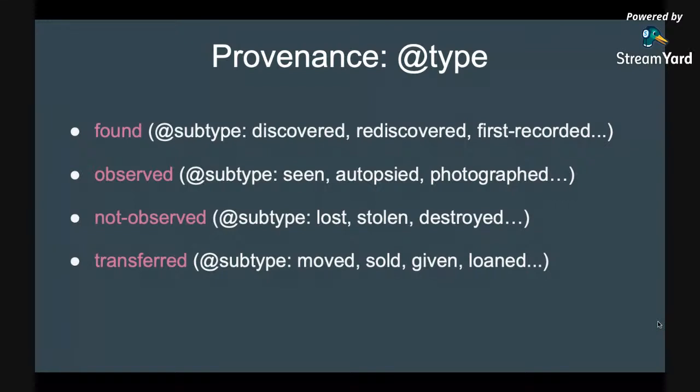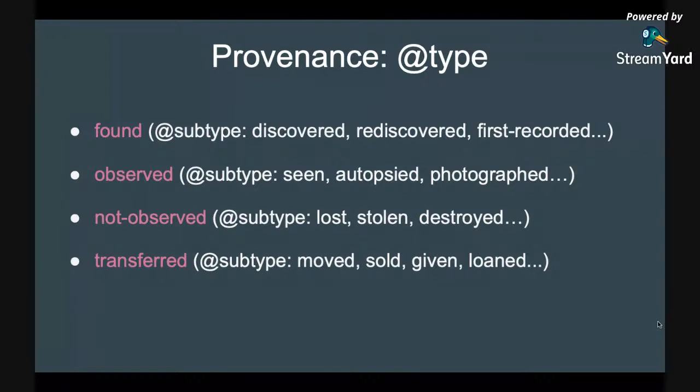And all provenance can have another attribute beside type. They can also have a subtype if necessary, and some values are suggested by the guidelines, but the lists should not be strictly followed, so new values can also be used.